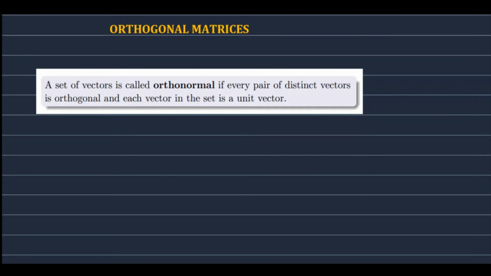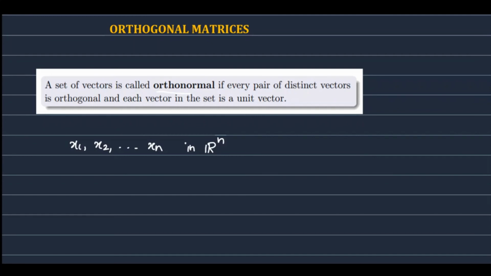A set of vectors is called orthonormal if every pair of distinct vectors is orthogonal and each vector in the set is a unit vector. So for example, if we have n vectors x1, x2, etc., xn in Rn, then this set is said to be orthonormal if they are orthogonal to each other.